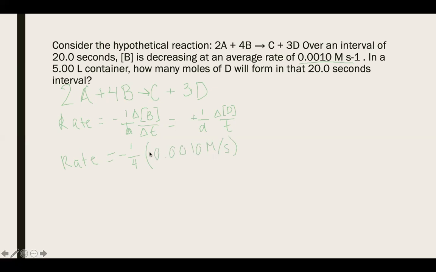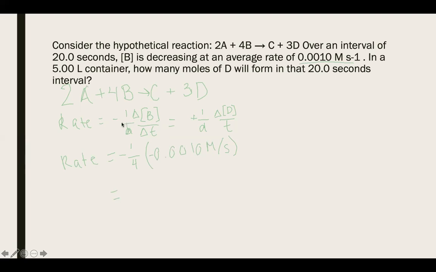We also make this negative, because even though in the problem it's given to us as a positive number, B is decreasing. So the actual rate of the entire reaction is going to be positive, because B is a reactant, so it's decreasing over time. You basically divide this value by 4 to figure out the rate of the entire reaction.